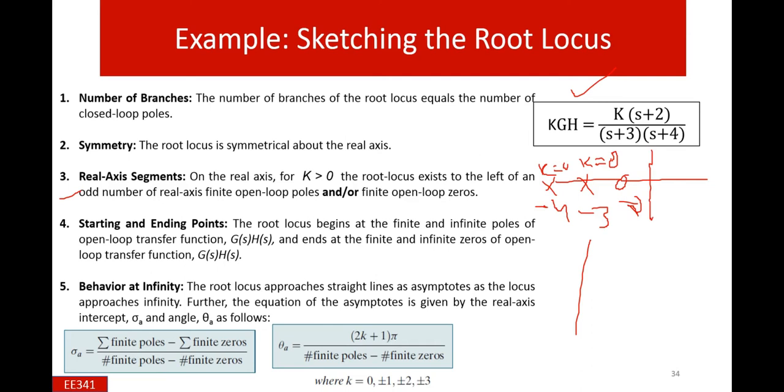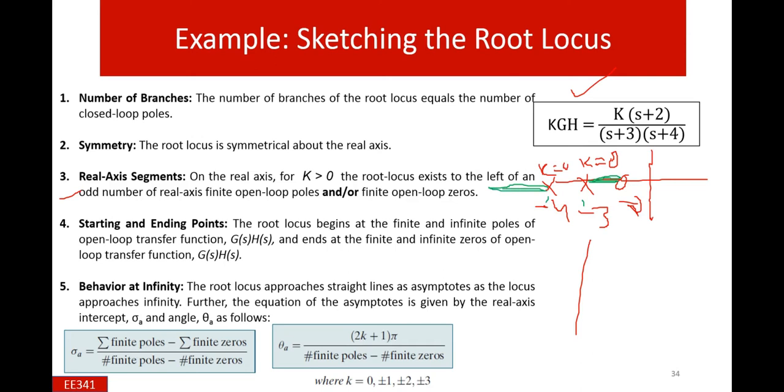If it is odd, it means this line segment lying between these 2 points has a root locus line here. And similarly, for this pole and this pole, there is no root locus line between these two poles, and the other line is lying in this region.